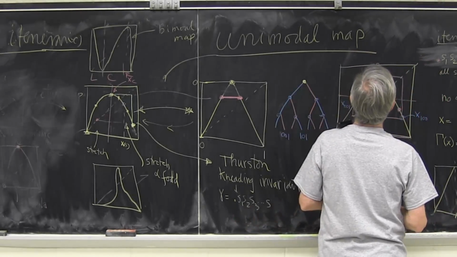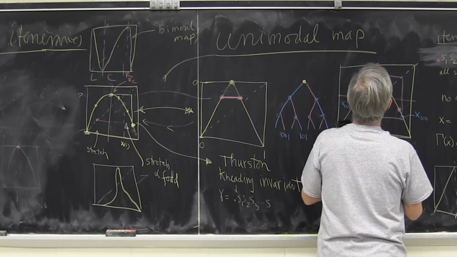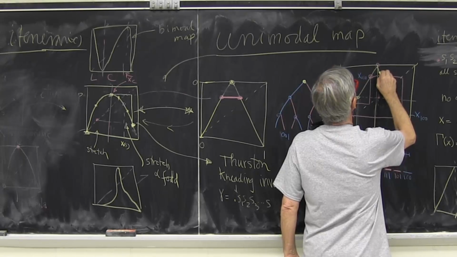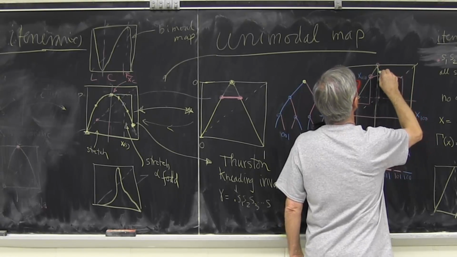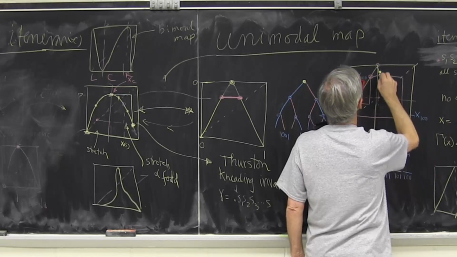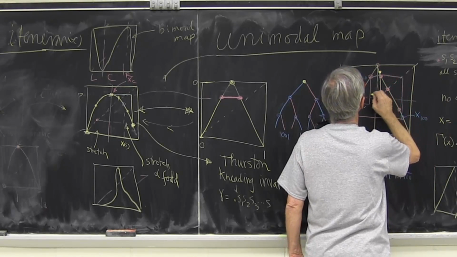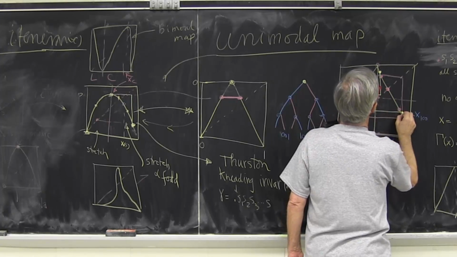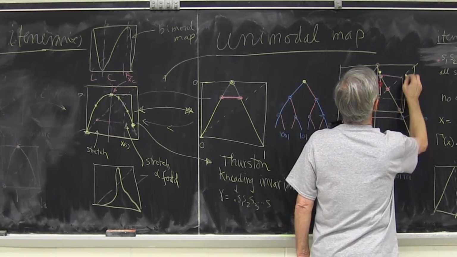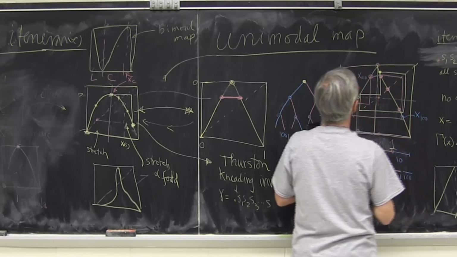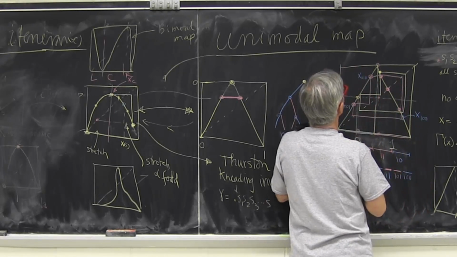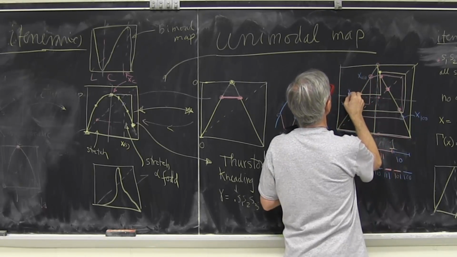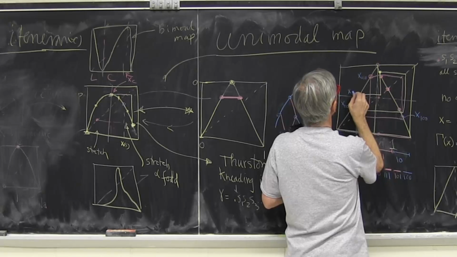But there's another orbit, and I'm sure I'm going to screw this one up, but there's another orbit that hits twice, because everything is allowed, right? It hits this way. So it does something like that. Now that orbit starts on the left, so that one is x 1, x 0.